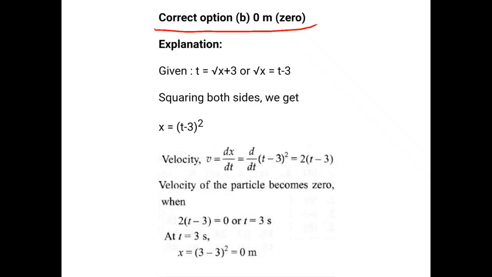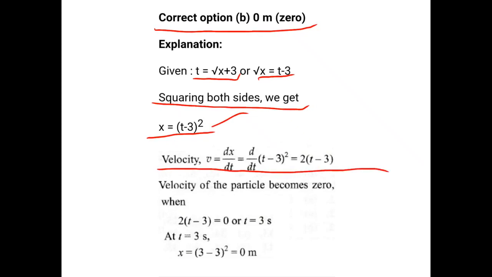You know t is equal to root of x plus 3. So root of x is equal to t minus 3. So squaring on both sides, the square root of x will be cancelled. So x equal to t minus 3 whole square. So the velocity is given by v is equal to dx by dt, that means d by dt of the x value. So you are substituting the x value here.